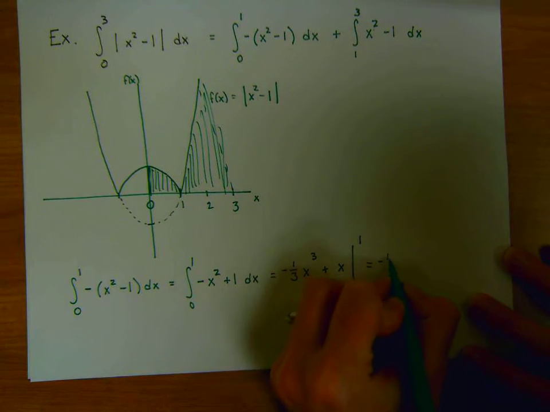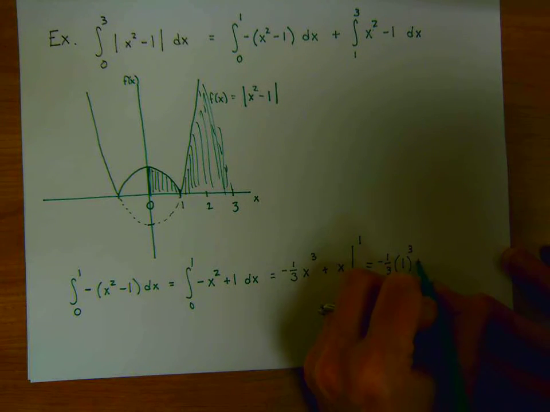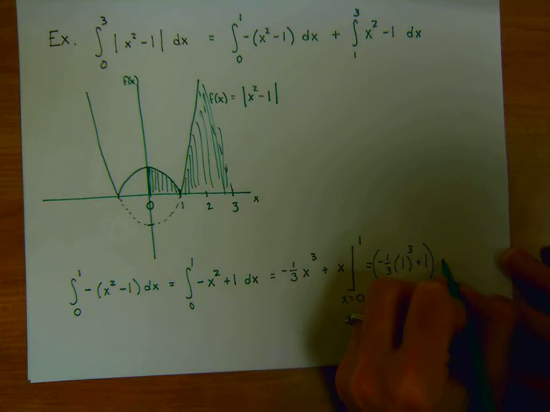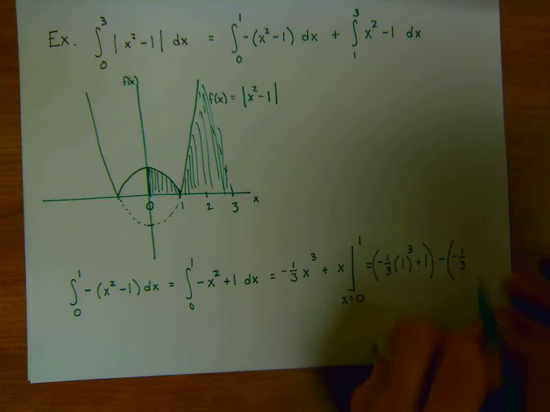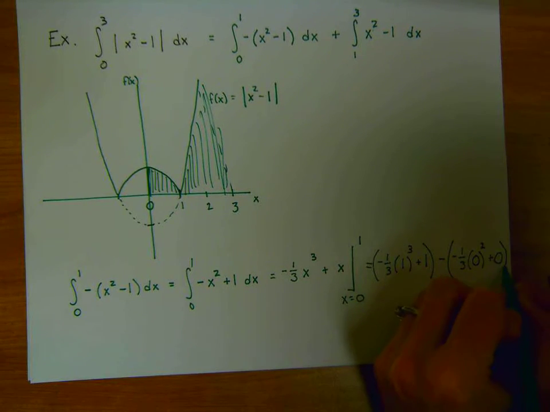And in this case, it's negative 1/3 of 1 cubed plus 1. That's where I plugged in 1. And I subtract off negative 1/3 of 0 cubed plus 0.